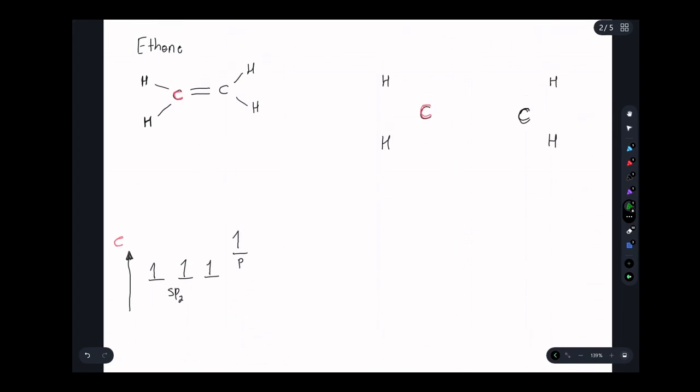And we'll do that using ethene, a simple molecule here. Focusing on the red carbon, we see that that red carbon is connected to two hydrogens and connected to the other carbon via a double bond. So let's draw the hybridized orbitals in black here. And these are our sp2 orbitals.